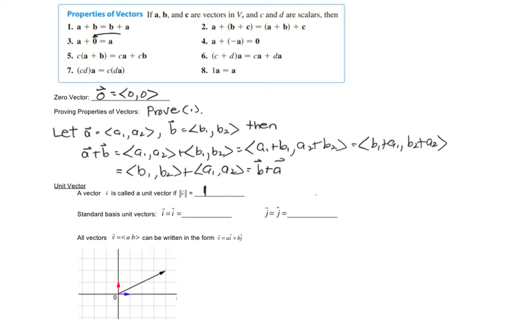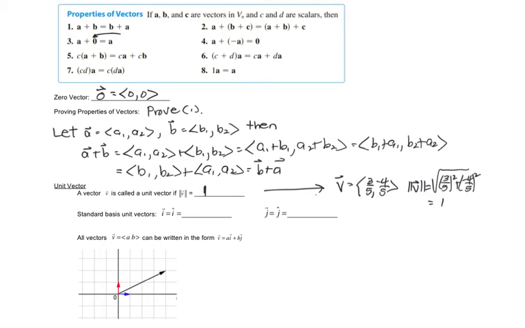So for instance, suppose I have V equals 3/5, -4/5. The magnitude of V is the square root of 3/5 squared plus -4/5 squared, and I'll let you do that arithmetic, but we end up getting 1. So that is a unit vector.